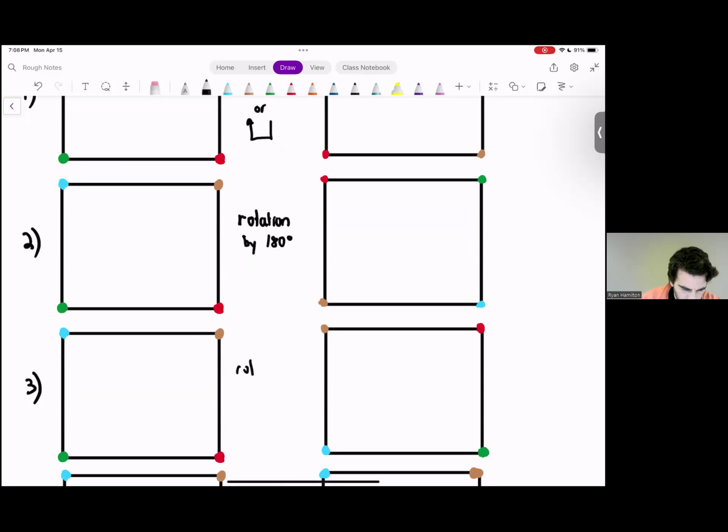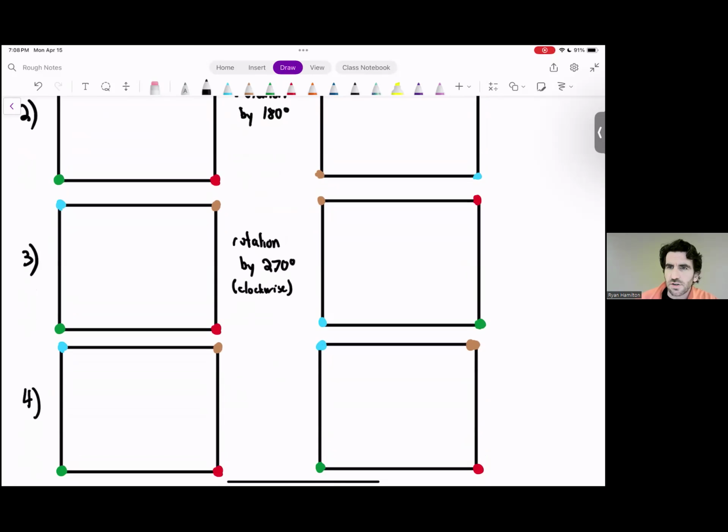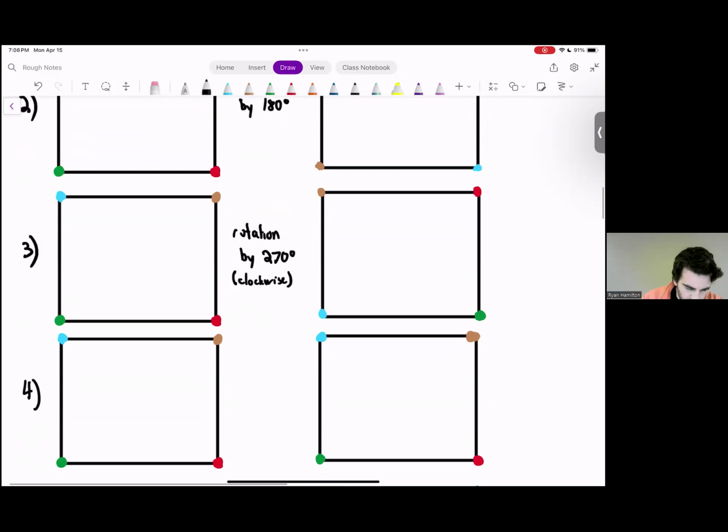So this is rotation by 270 degrees if we're going clockwise. Or if you'd like, you can rotate counterclockwise 90 degrees. And then the final one, well, nothing has changed. And this is rotation by 360 degrees, which does nothing. You're back to where you started.